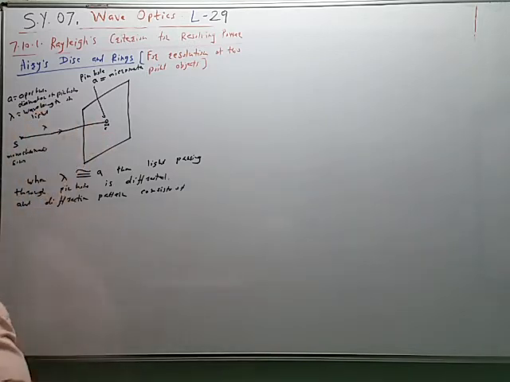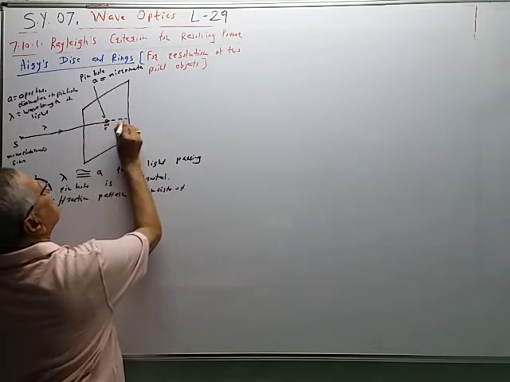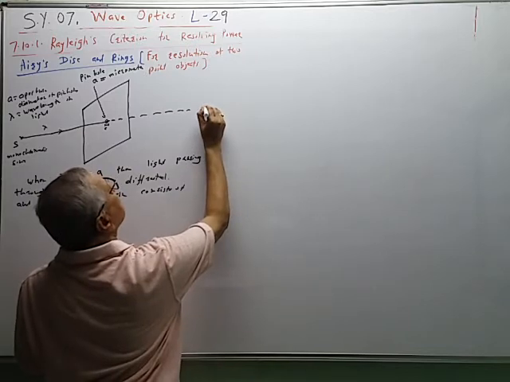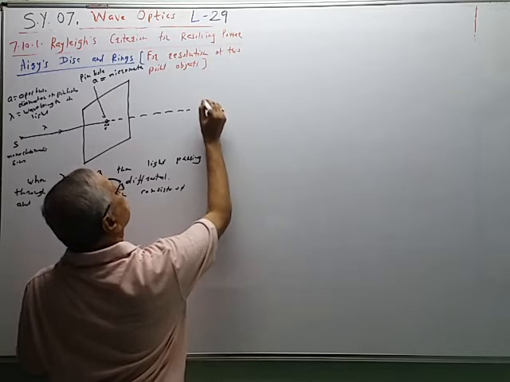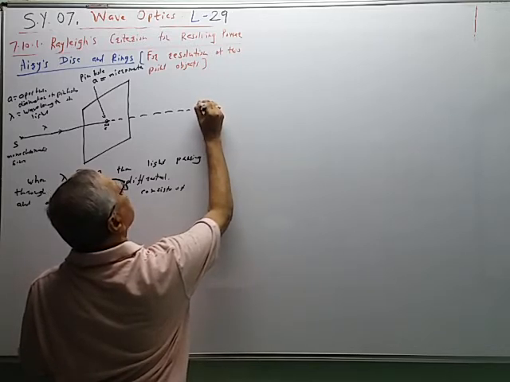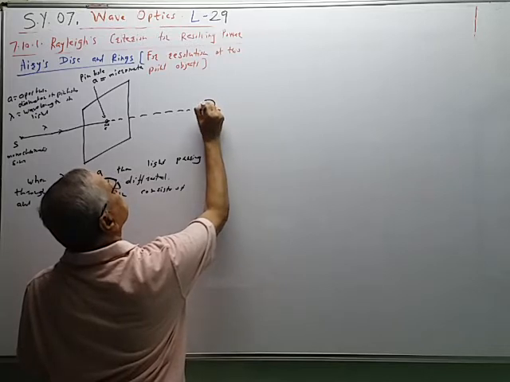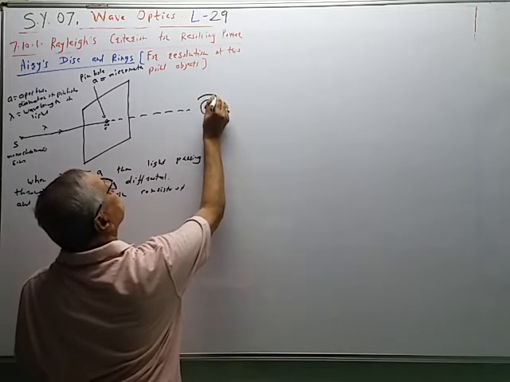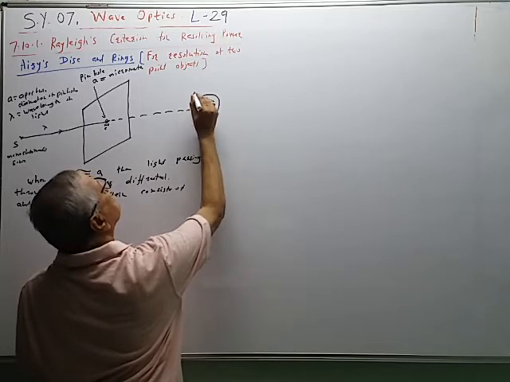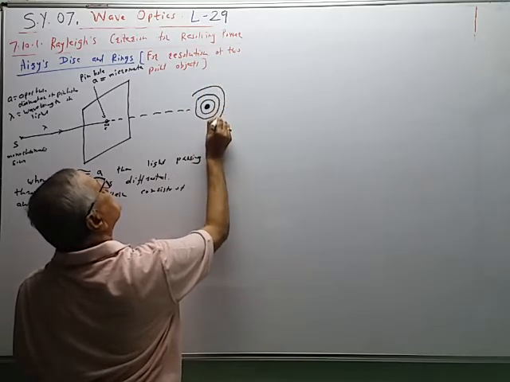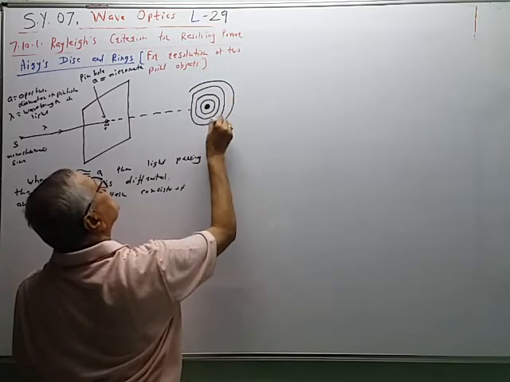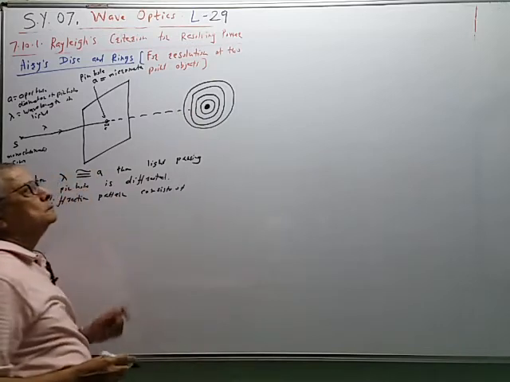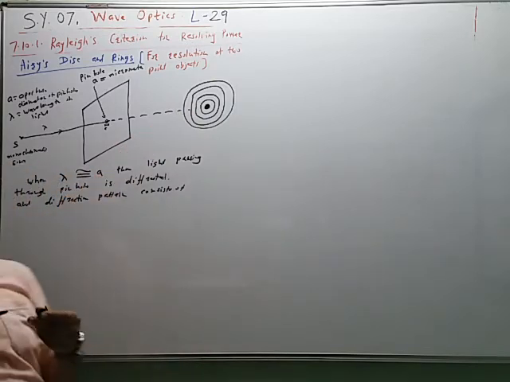So through this hole the light gets diffracted and the diffraction pattern is like this. At the center there is a bright disk. It is surrounded by a dark ring, then again a bright ring, like this. These are the concentric rings. So this is the Airy diffraction pattern.